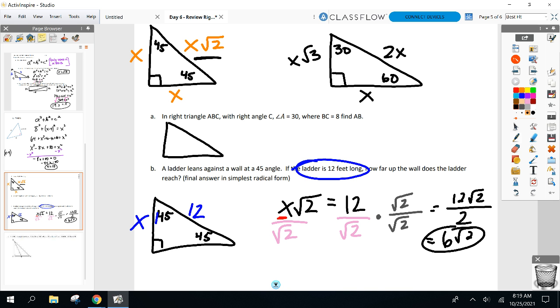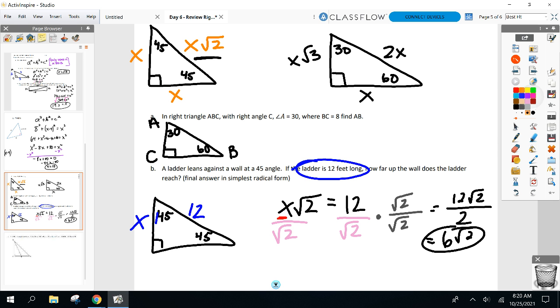Right triangle ABC with right angle C. Angle A is 30. If A is 30, what's B then? 60.